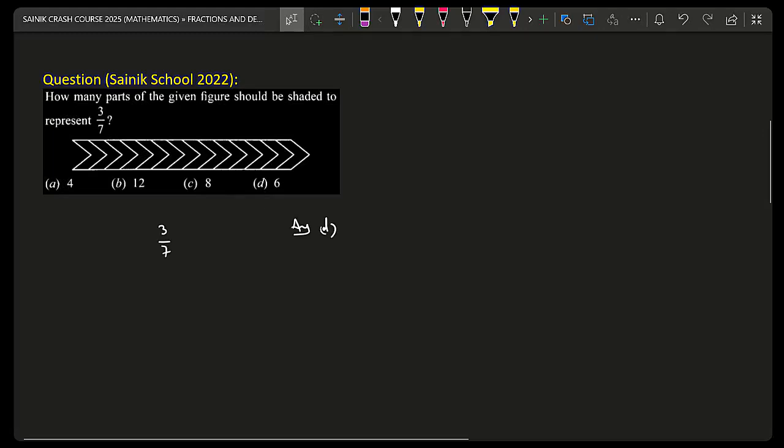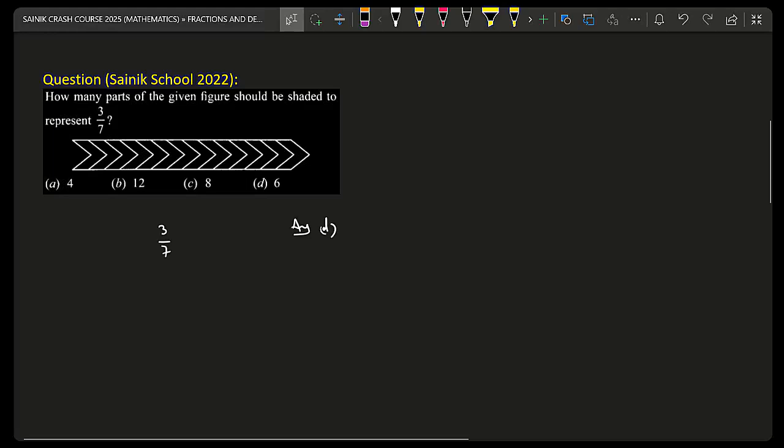In that 7, I want 3 parts. That means 3 bigger parts. In 3 bigger parts, how many smaller parts will be there? 6. Yeah, in every bigger part there are 2. So in 3 bigger parts, 3 twos are 6, right? That's why the answer is 6. Okay, I hope everybody copied.